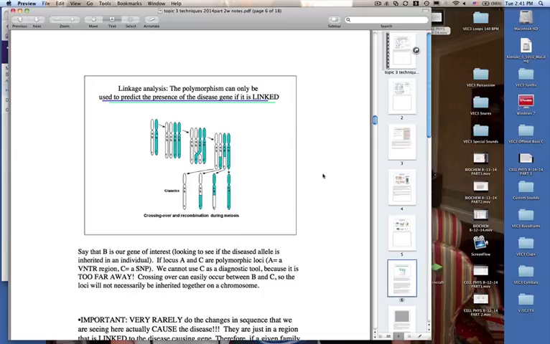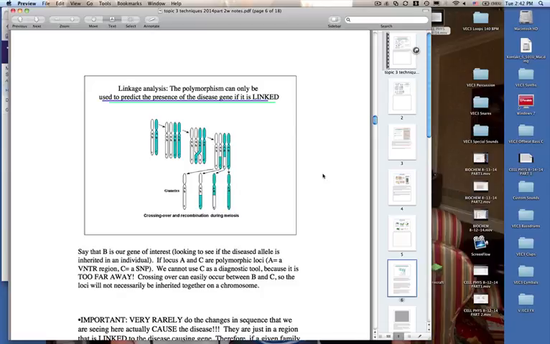But you then develop essentially these, if you will, likelihoods that a given locus of interest, one of these polymorphisms, is being inherited in the same pattern and in the same chromosomal method as your disease of interest, and then you can narrow them down.